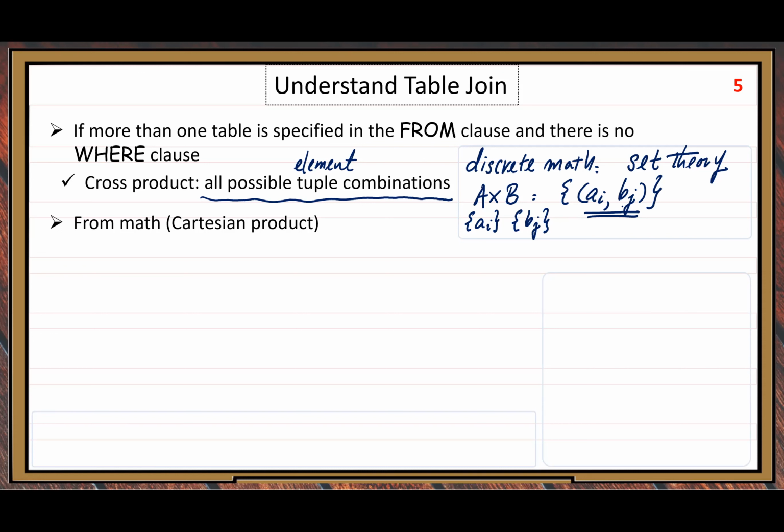Although cross product in different contexts may have different meanings, in set theory that's the Cartesian product.